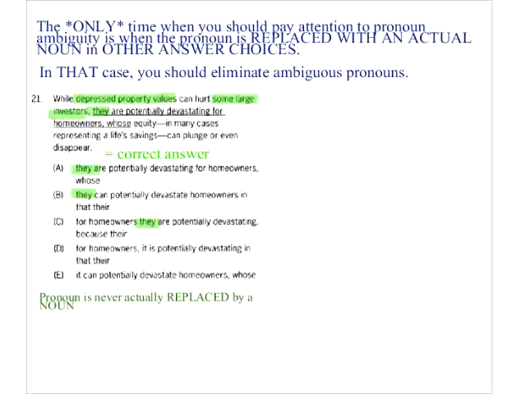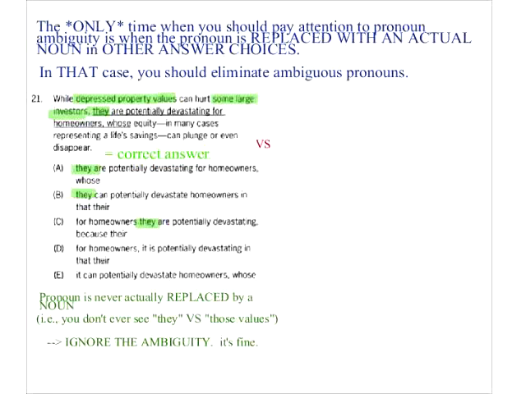In other words, you don't ever see they versus those values. So therefore, ignore the ambiguity. It's fine.